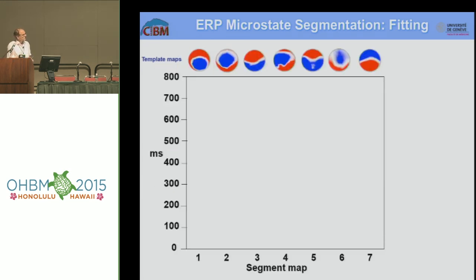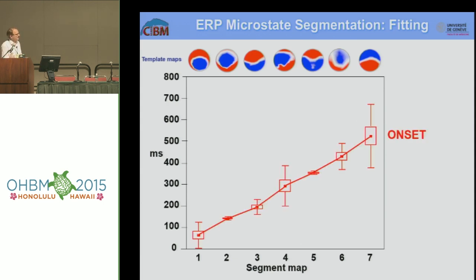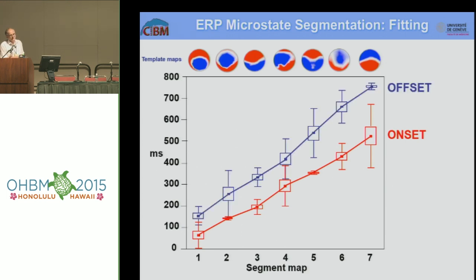And once done so, you can define different types of parameters across subjects. You can define the onset of each of these maps, you can define the offset of each of these maps. You can define the global explained variance that each map has. How much is the map present in this data?